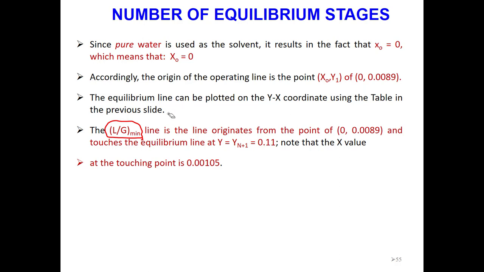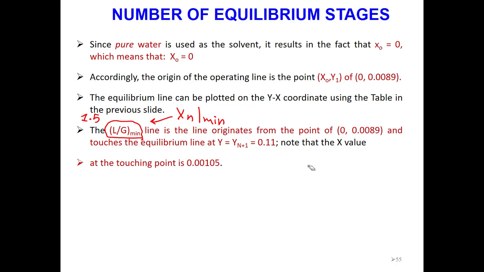By using that line, we can find xn related to the minimum operating line. Once we plot the minimum operating line, we can find xn related to the minimum. By using that, we can find this slope, and this slope times 1.5 gives us the real operating line.